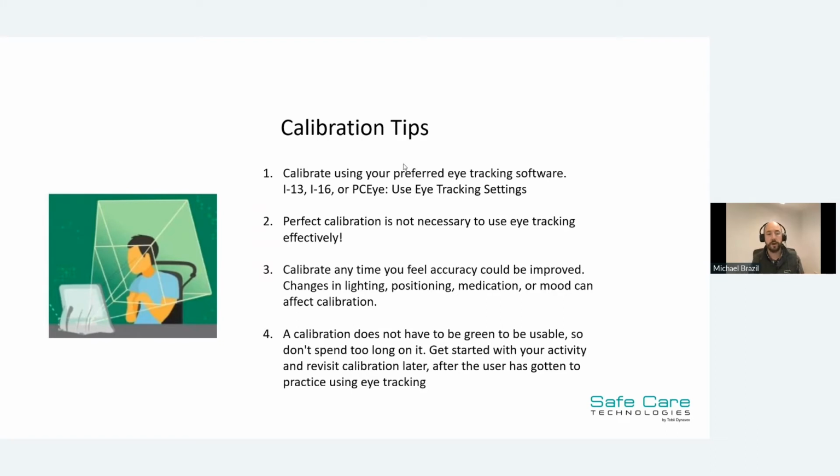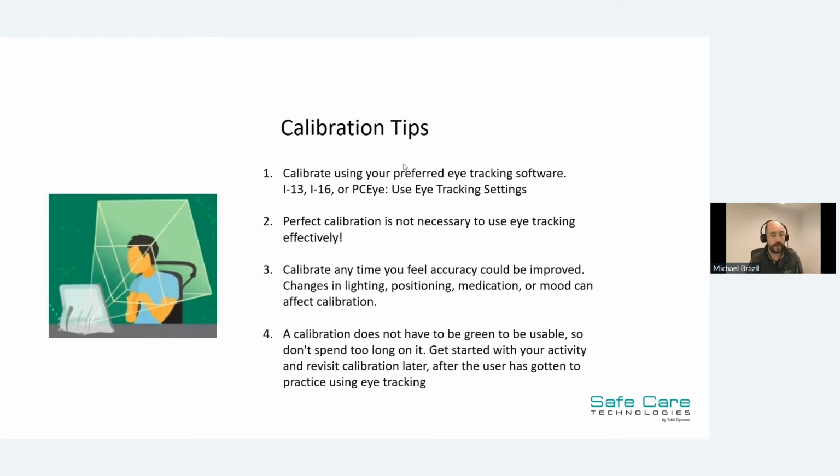And then you also have the older devices like the i12 Plus, the i15 Plus, or even the iMobile, or even the old PCI as well. All those devices would have had Gaze Point or Gaze Interaction Settings. Again, very similar in a lot of ways, but with certain differences as well. But generally, you still have your track status, and you still have your calibration, which remains the same.